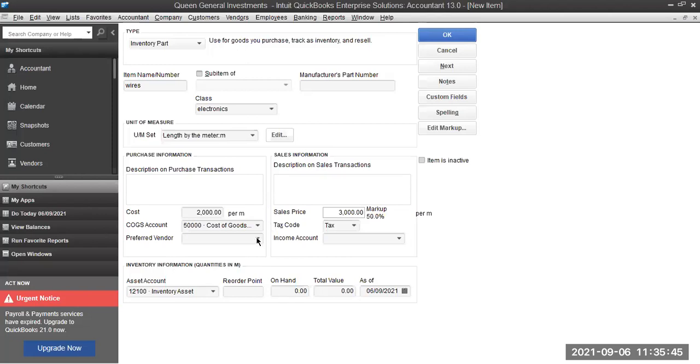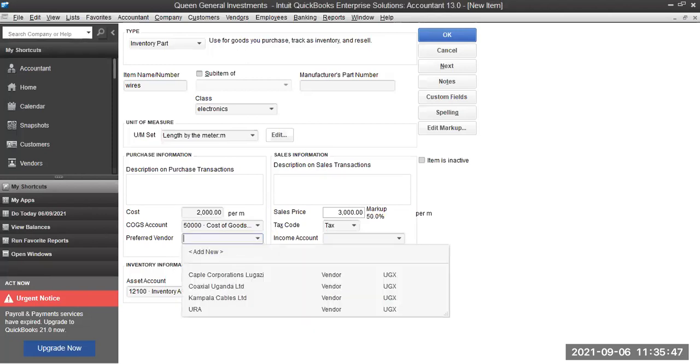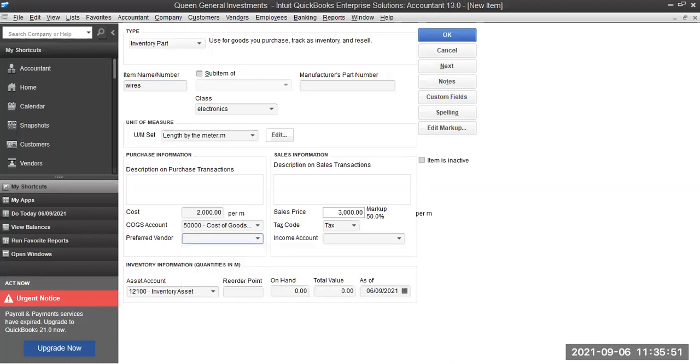Then who is our preferred vendor? For the preferred vendor, we had a code. What was our code? Our code was IV02E. Who flows under that? Kampala Cables.